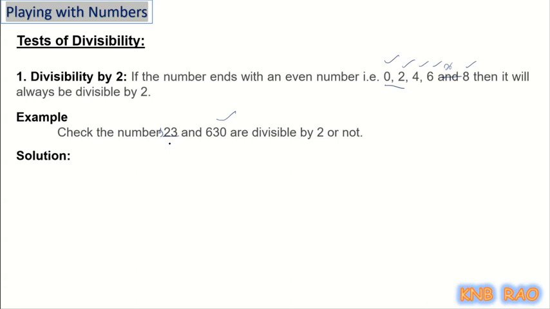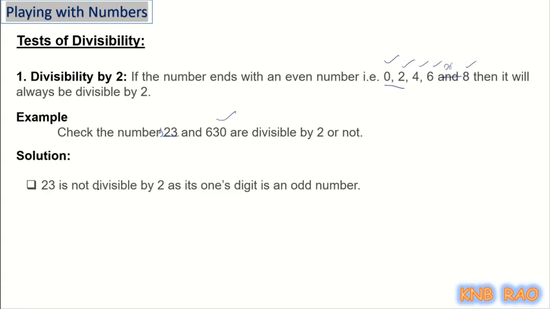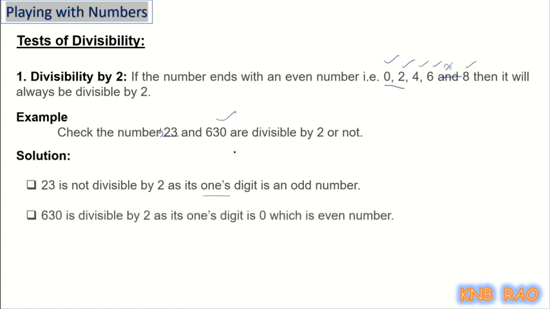Obviously, it is not divisible by 2. So 23 is not divisible by 2 as its ones place digit, or units digit, is an odd number.